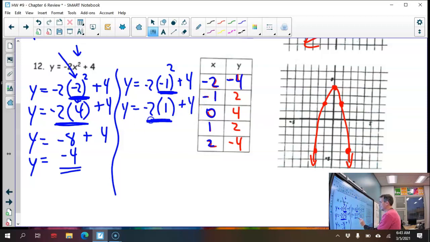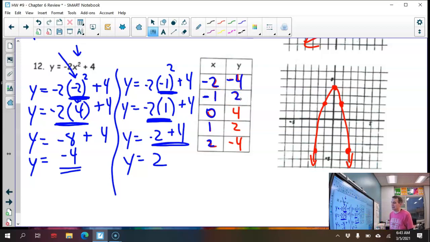Then I would multiply the -2 times the +1, and that's -2. And finally I would add the -2 plus the 4, and that would be +2. So when I put -1 in for x, I get a +2 for y. And I would repeat this process with each of the last 3 numbers.